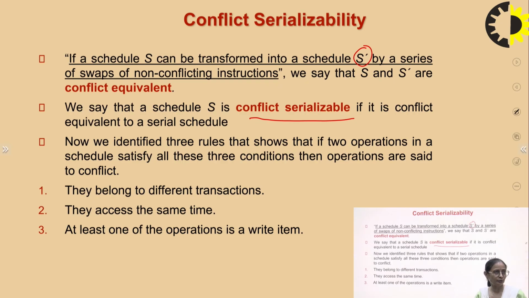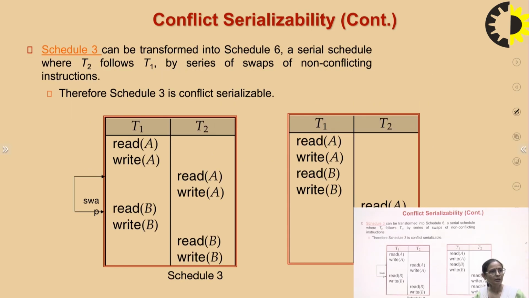Either they belong to different transactions, they access the same item, and at least one of the operations is a write item. So here this is schedule 3. Here we have read A, write A, then again these and these. Here the data item is A and here the data item is B. So in this case, we are working on different data items.